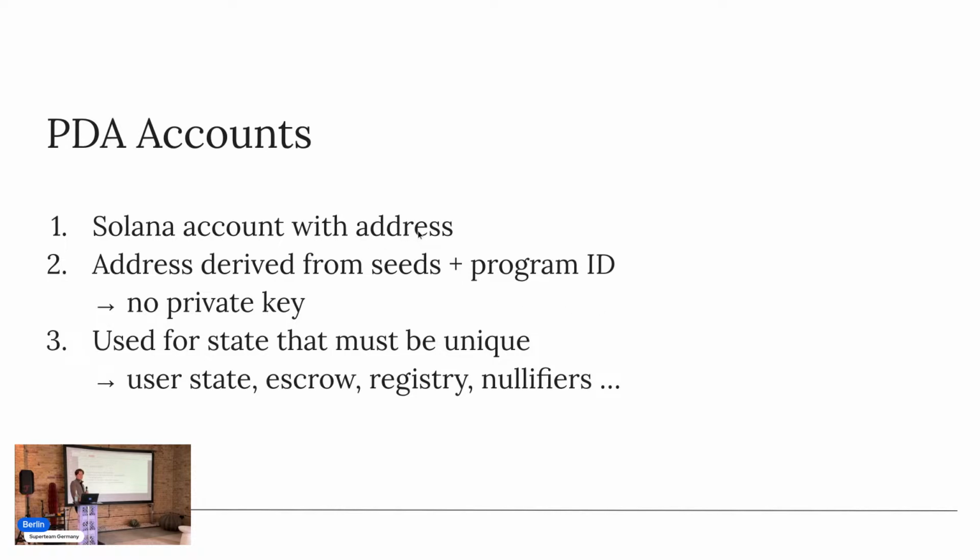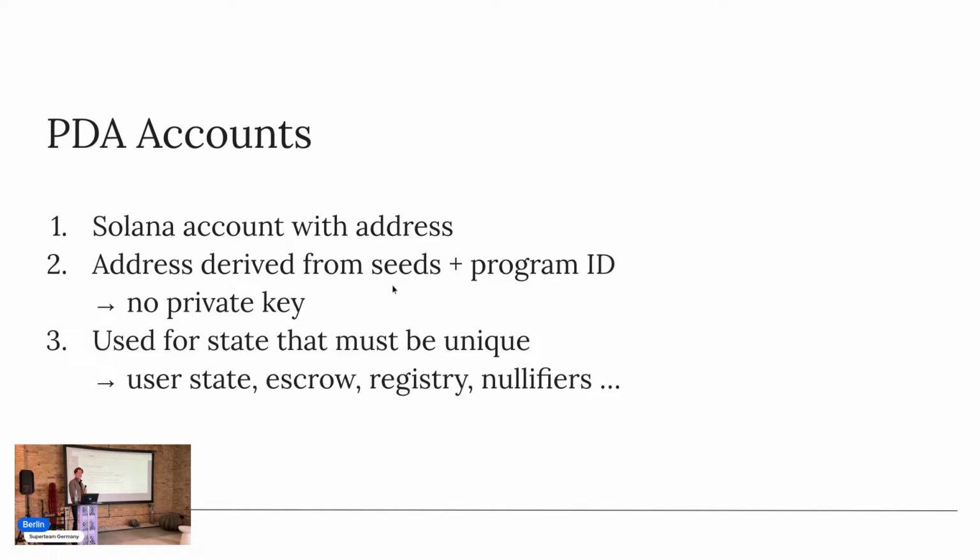So again, PDA accounts are just Solana accounts with a deterministic derived address. We saw this concept earlier with associated token accounts where you had the wallet address and the mint. And the wallet address is sort of the seed in the context from earlier.